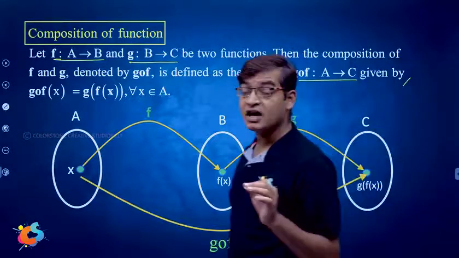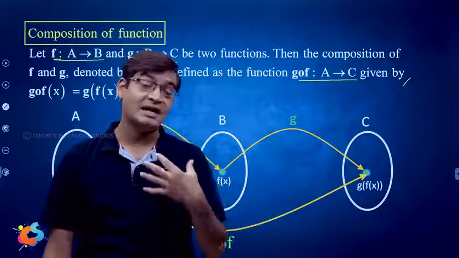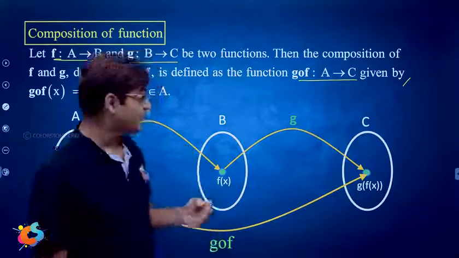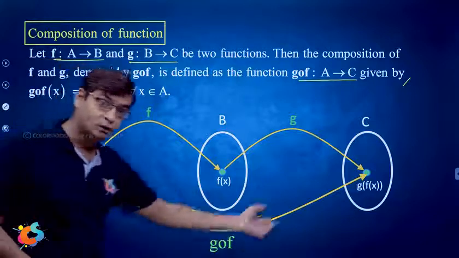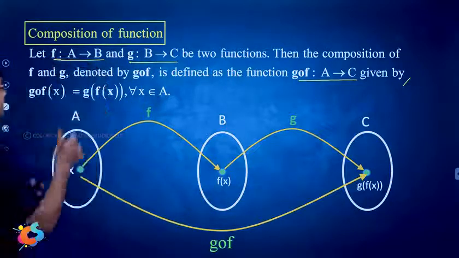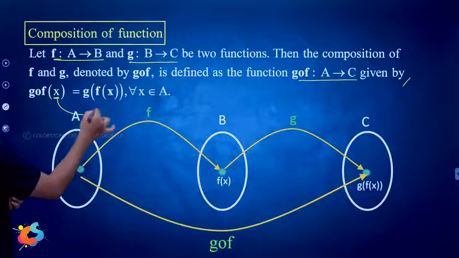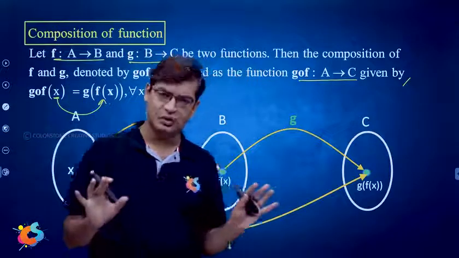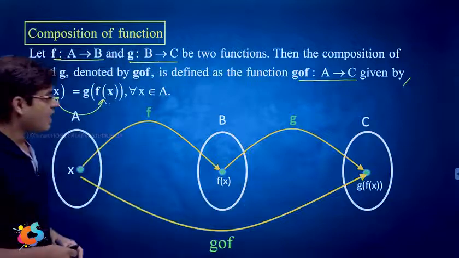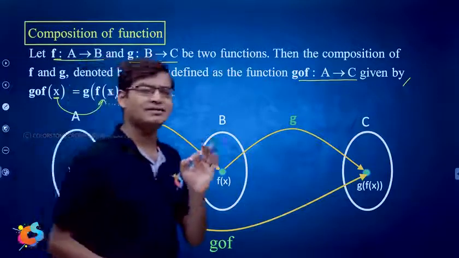If you define a function f mapping from A to B and g defined from B to C, then there is a function g circle f which will map from A to C. And if you give an input x to this, the output will be g of f of x. Simple. Now we have to understand some small things here.